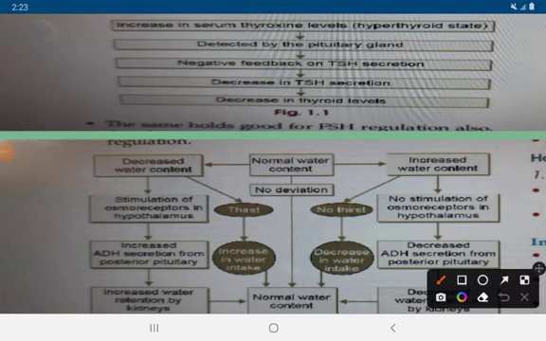An increase in serum thyroxine levels is detected by the pituitary gland, and negative feedback on thyroid stimulating hormone secretion decreases the thyroid stimulating hormone secretion, and thus the thyroid hormone levels like thyroxine decrease.